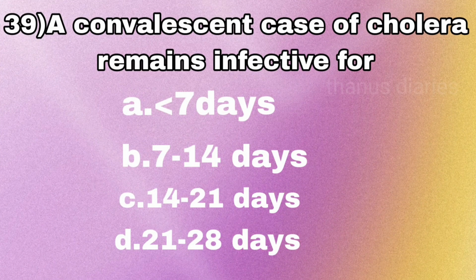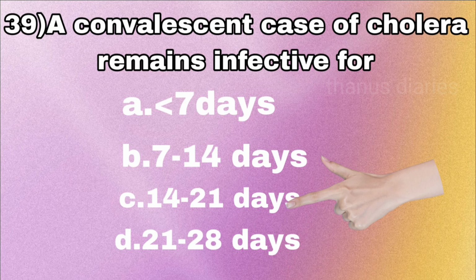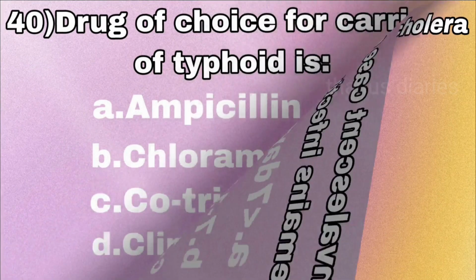Next question. A convalescent case of cholera remains infective for less than 7 days, 7 to 14 days, 14 to 21 days, 21 to 28 days. It's 14 to 21 days. Next question.